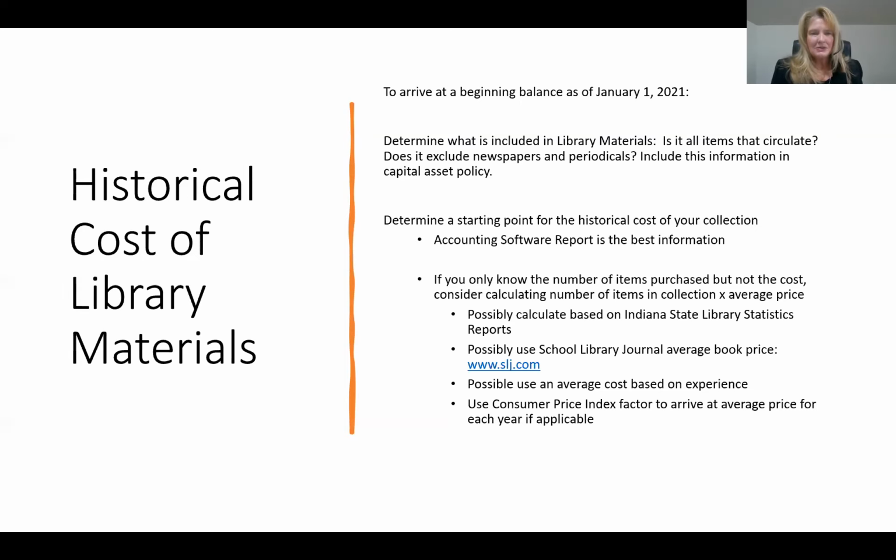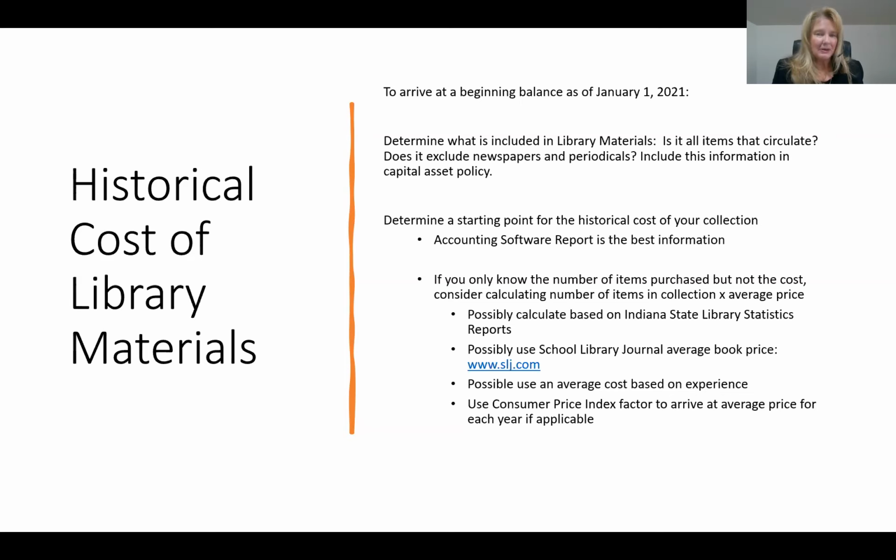So to determine a starting point for the historical cost of your collection, obviously your accounting software report is going to be the best information. If you have that cost information in your accounting software, that's what you're going to want to use. If you only know the number of items purchased, but you don't know the cost, then you might have to do some estimating there. And you might do that based on the number of items in your collection times your average price.